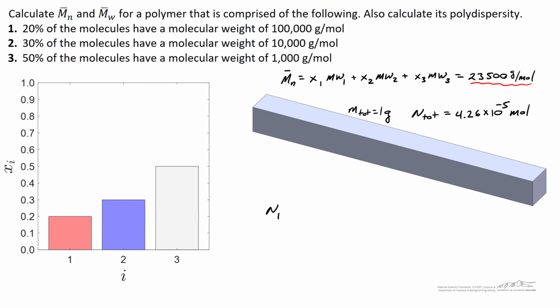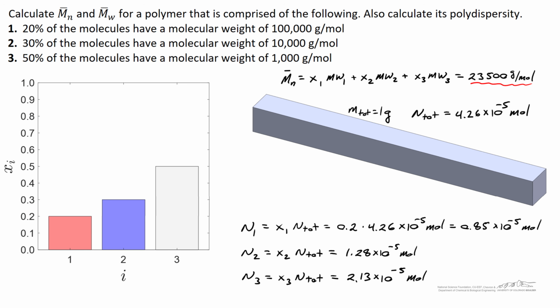So to calculate that, we'll call that N1. It's going to be the mole fraction multiplied by the total number of moles in our sample. So x1 is equal to 0.2, and we'll multiply that by 4.26 times 10 to the minus fifth moles. And that leaves us with 0.85 times 10 to the minus fifth mole.